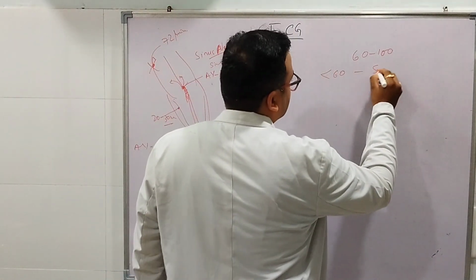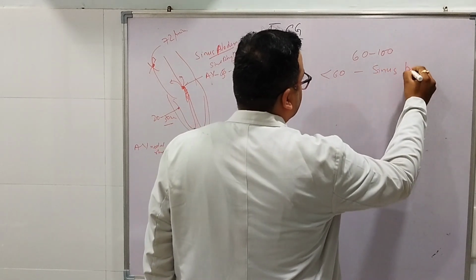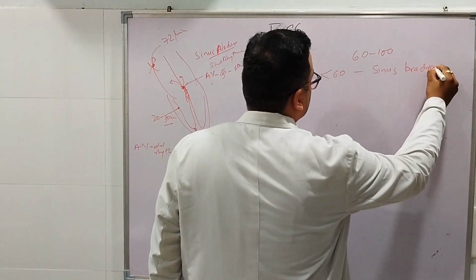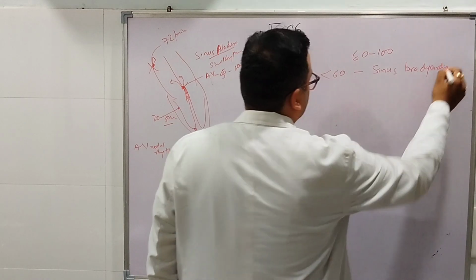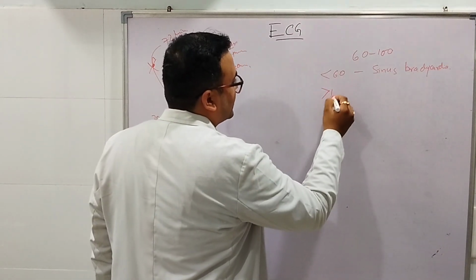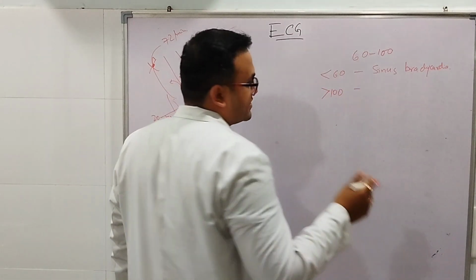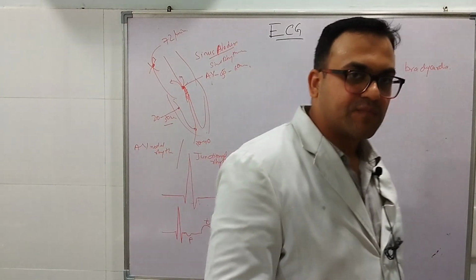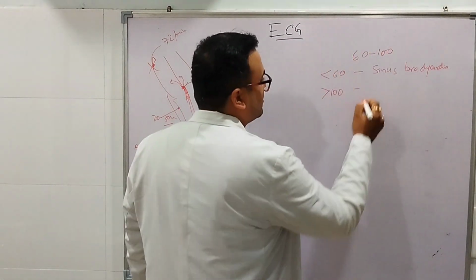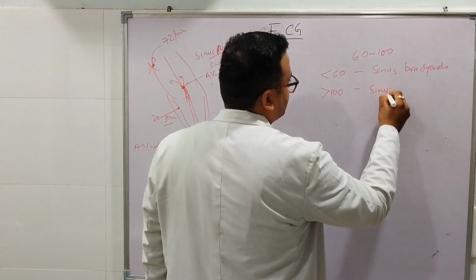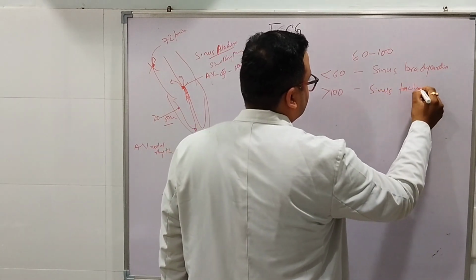We call this sinus bradycardia. If it is more than 100, there is a P followed by QRS followed by T, and the heart rate is more than 100, we call this sinus tachycardia.